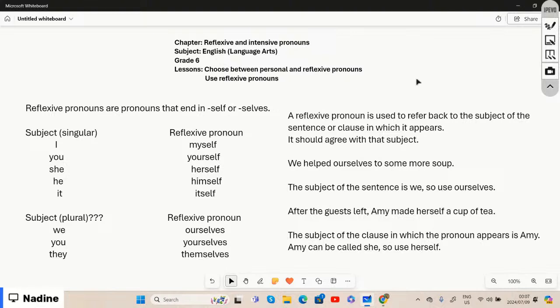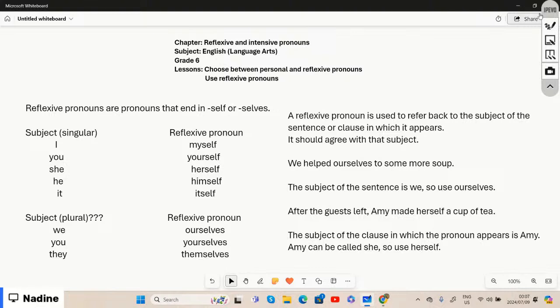So we're going to find out what is the difference between reflexive pronouns and intensive pronouns, as well as the difference between personal and reflexive pronouns.